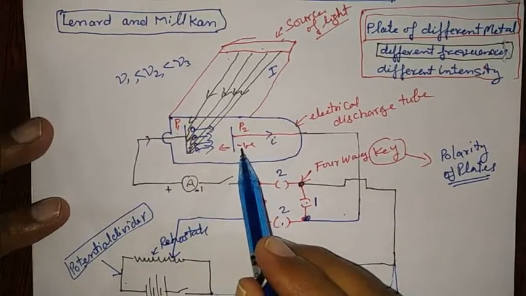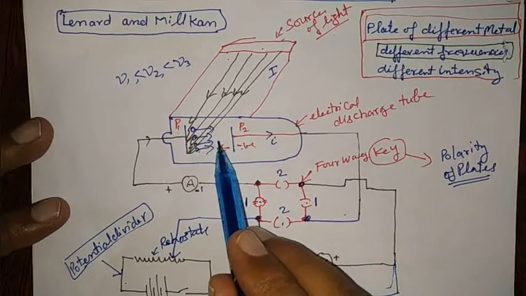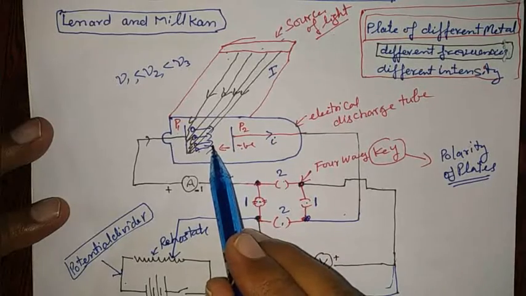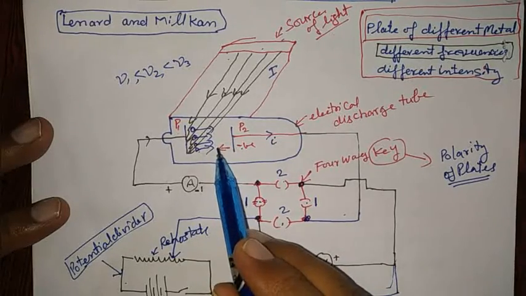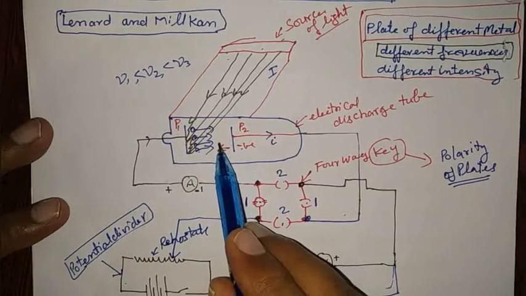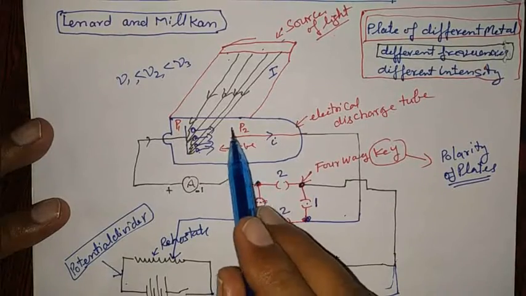So when the negative polarity at plate P2 is increased, the photoelectrons reaching plate P2 are stopped by it, and the maximum value at which no photoelectric current is obtained is called the stopping potential.